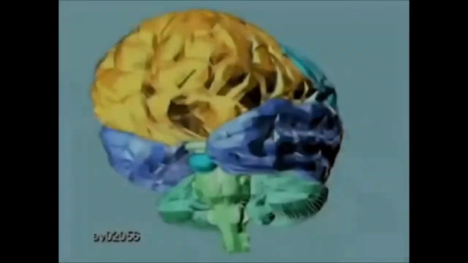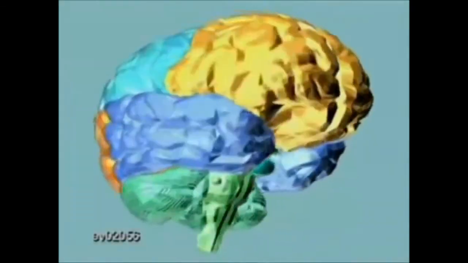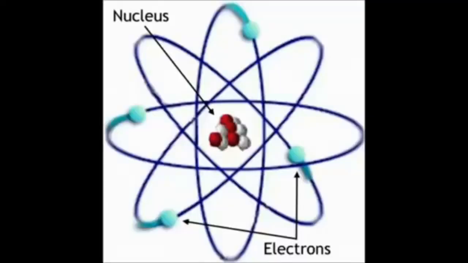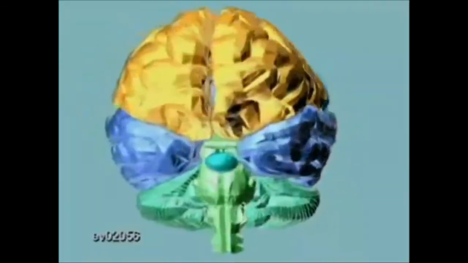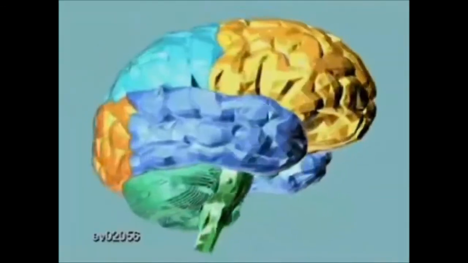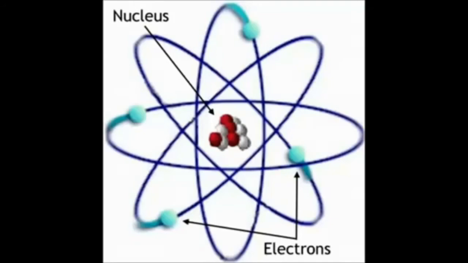Dalton, Thomson, Rutherford and Bohr, Schrodinger and Heisenberg and many, many more used their brains to venture in the realm of inner space and found the world of the atom was a weird and wondrous place.